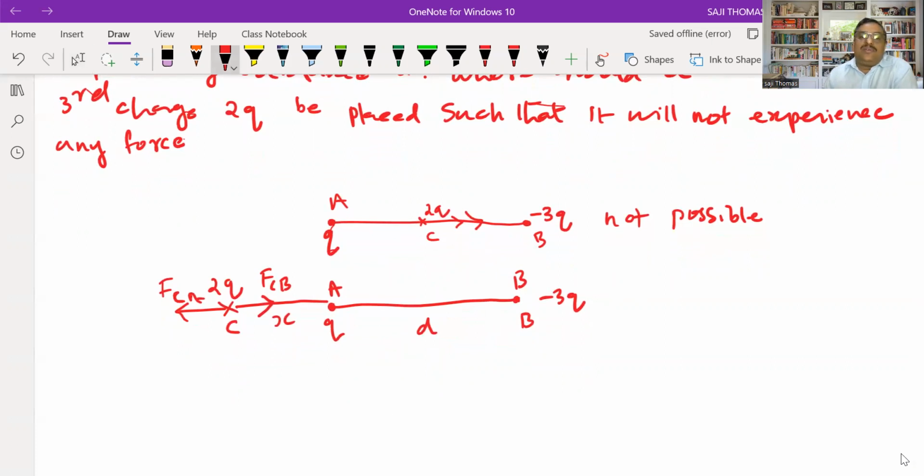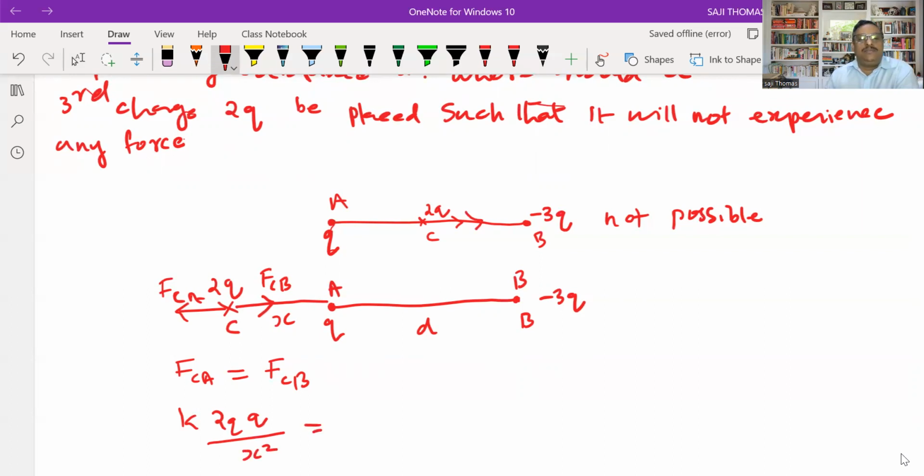Now we are calculating what this distance is. What is the condition here according to superposition principle? FCA magnitude will be equal to FCB, then only they are cancelling. FCA is K into 2Q into Q divided by x square.